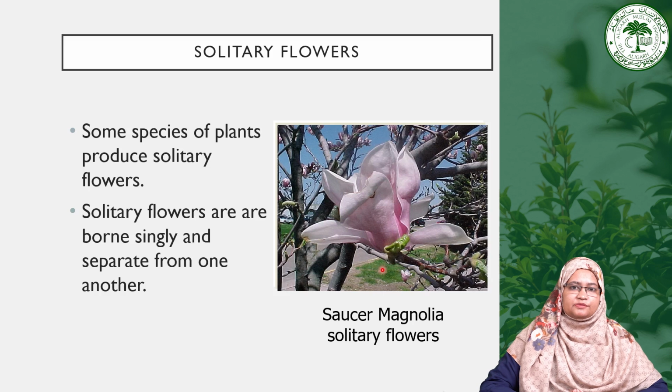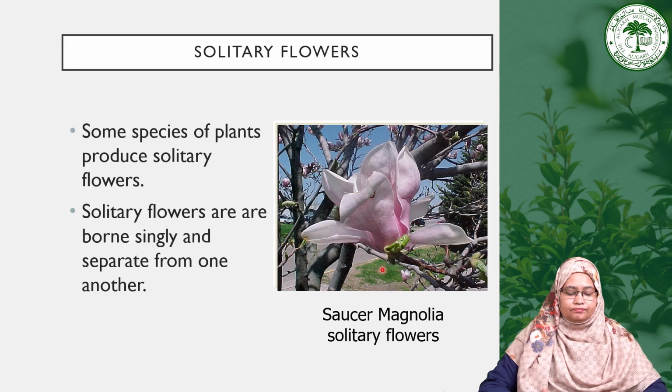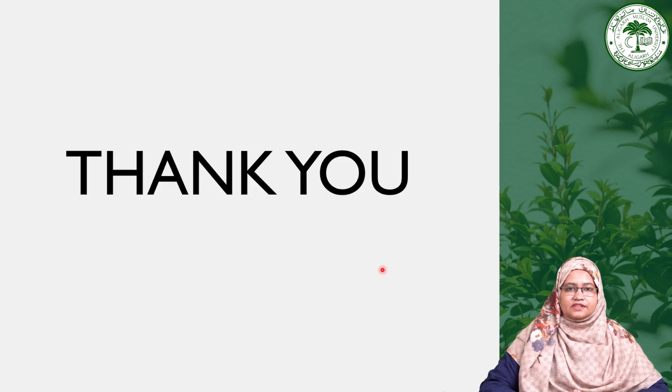So we have discussed today different types of inflorescence, starting from the racemose, which has an indefinite growth, in which the older flower is arranged at the base while the younger flower is arranged at the apex, in comparison to cymose, which has a determinate type of growth, because at the tip of the axis a mature flower is present, and they have branching that creates the different types of cymose inflorescence.